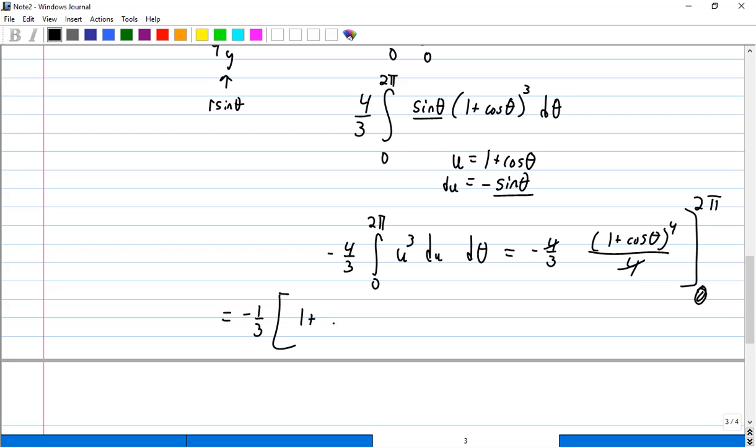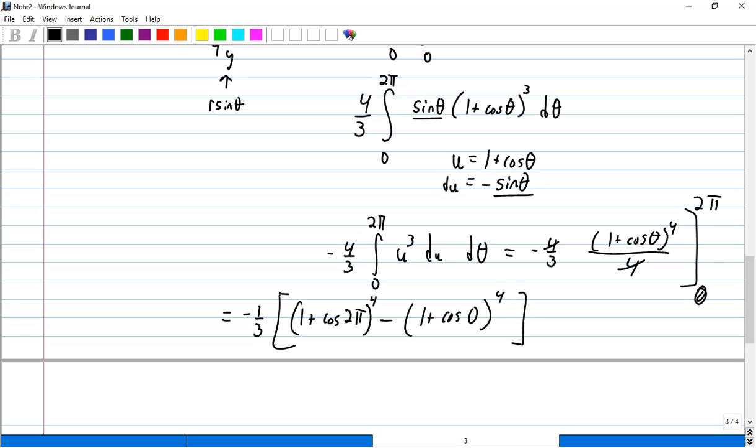So that's 1 plus cosine 2 pi minus 1 plus cosine 0. Those are both raised to the fourth as well.